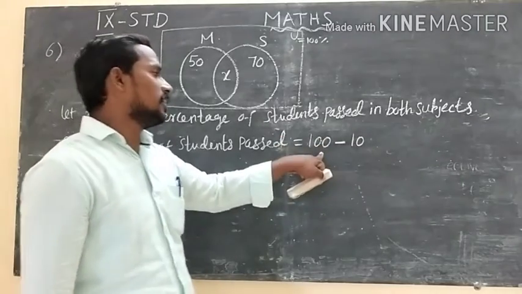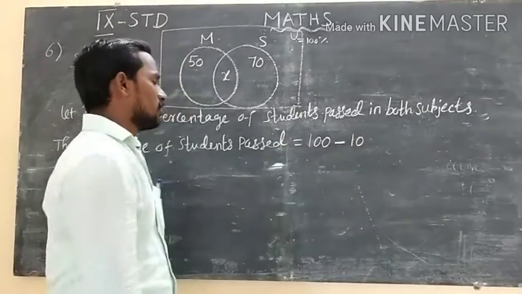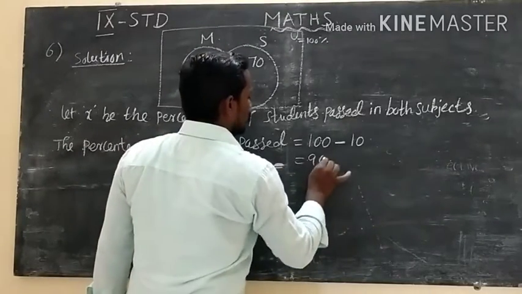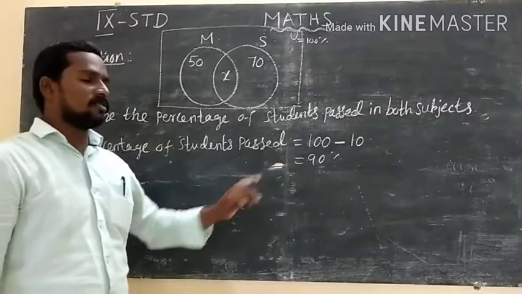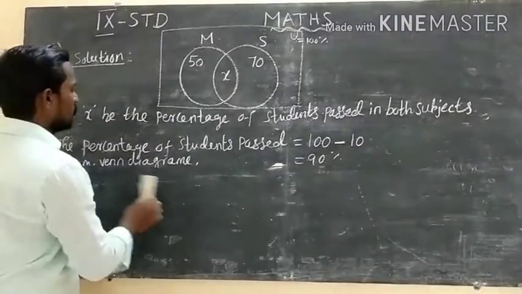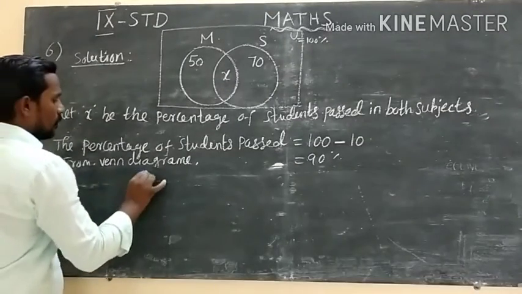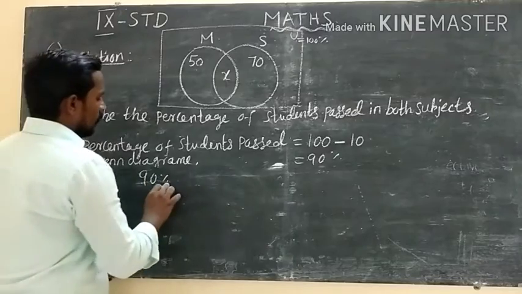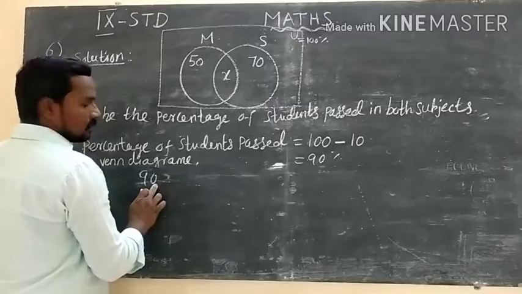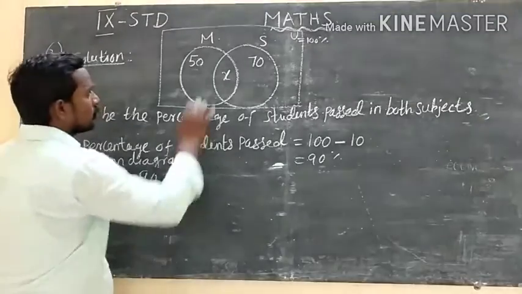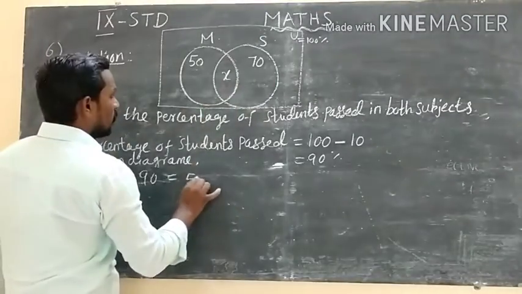So total percentage minus 10% equals 90%. So only 90% of students passed. Have you understood? So we write 90, which is equal to the sum of the values.